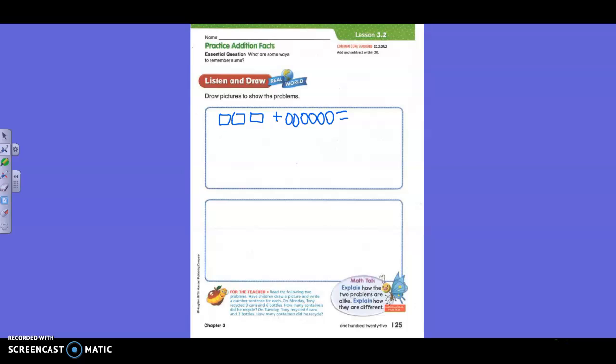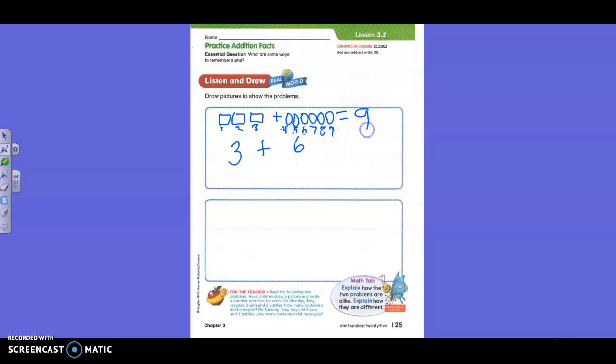You have 3, so I'm going to go ahead and write that under. Okay, plus 6. Now we're trying to see how many things that is. Okay, 1, 2, 3, 4, 5, 6, 7, 8, 9.